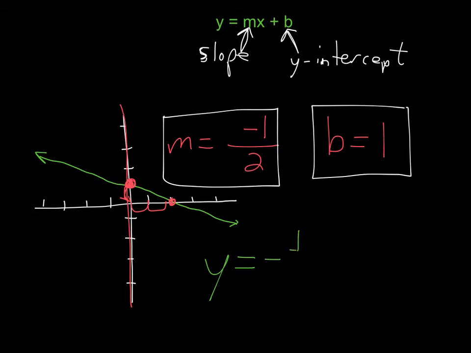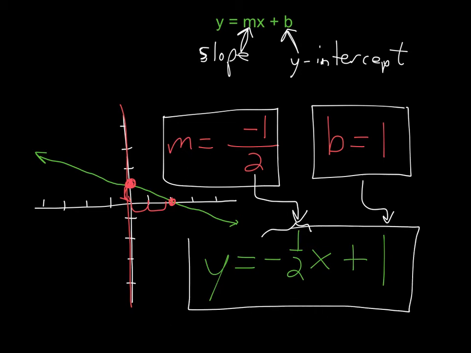M is negative 1/2 x, plus b equals 1. All I did was substitute in the m, or the slope, and the b, or the y-intercept. And that is the equation for that line.